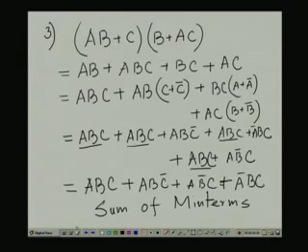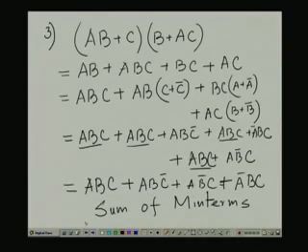Now, we see how we can write this as a product of max terms.